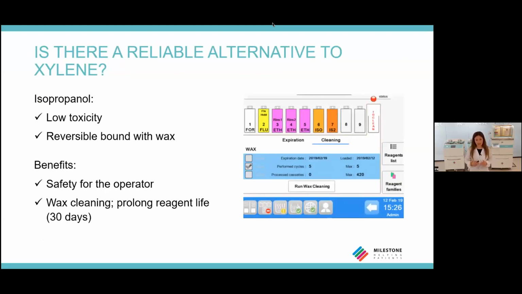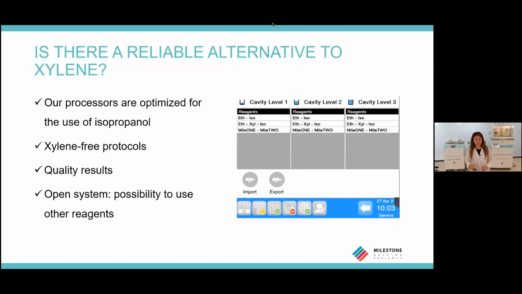So unlike xylene, which contaminates wax in an irreversible way, wax can be cleaned from isopropanol. So in our units, we can clean the wax, and this cleaning ideally prolongs the reagent life, and so wax has to be changed only every 30 days. So this is a very big advantage.